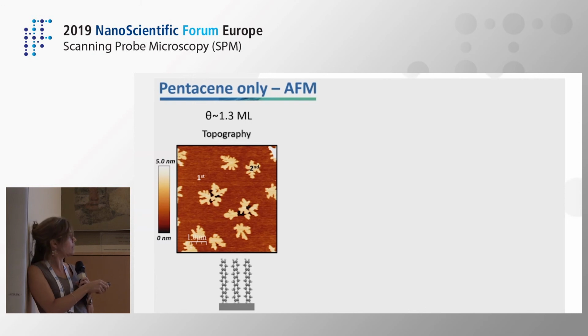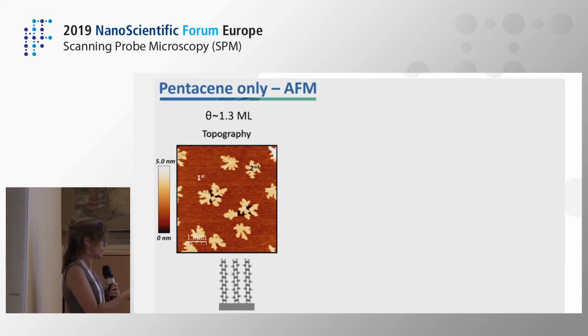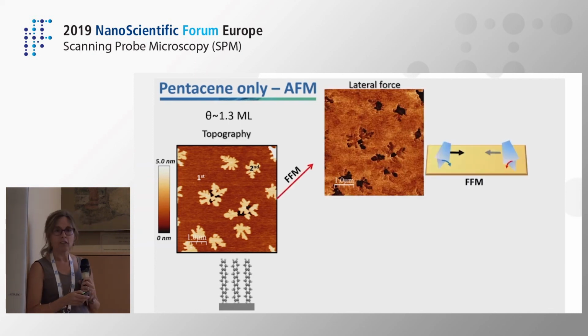So the pentacene is standing upright in the so-called thin film structure, with this upright orientation forming the herringbone packing, very well known and reported. The lateral force, by frictional force microscopy, is giving us these images.